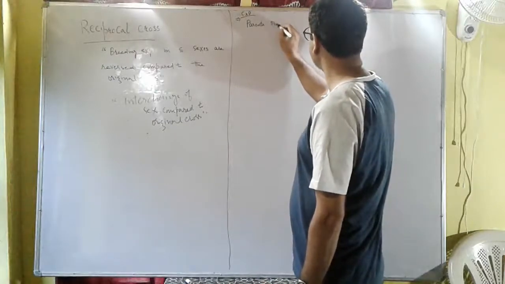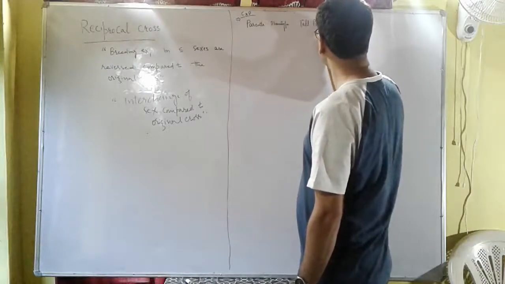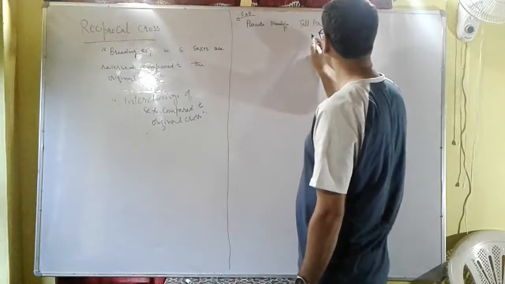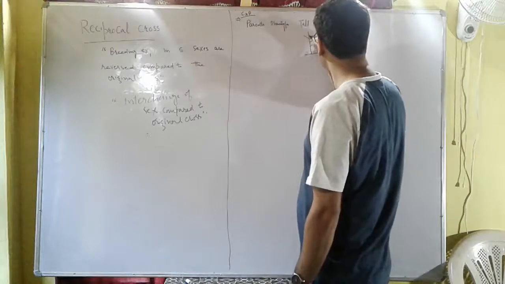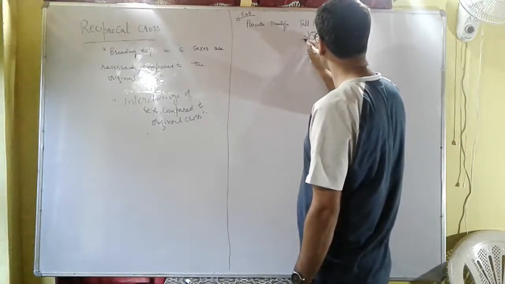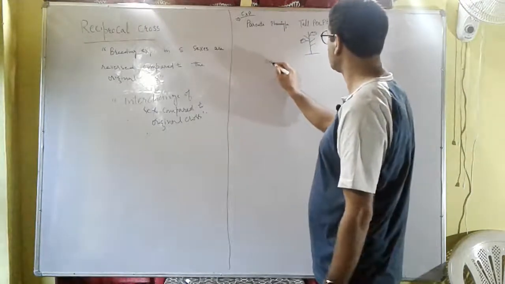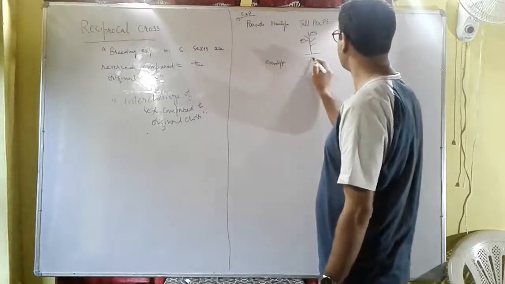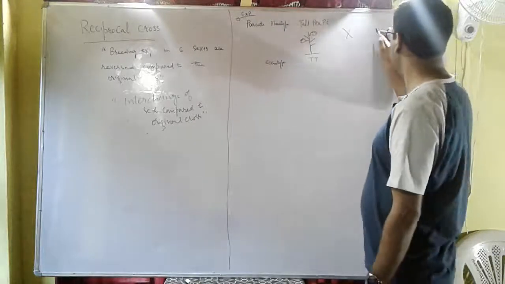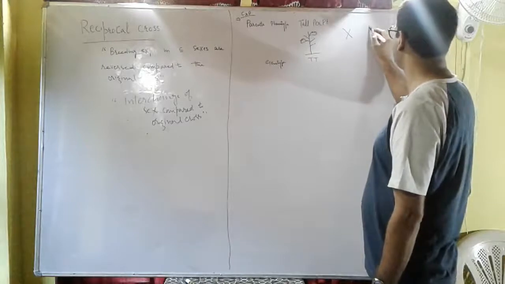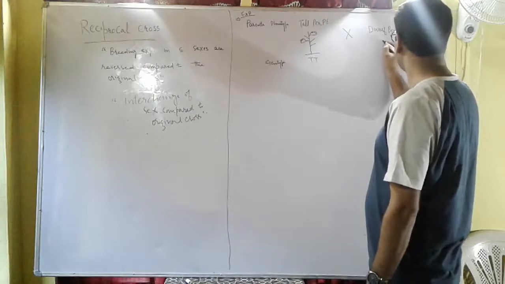For example, the phenotype of the parents: this is a tall pea plant, genotype capital T, and it is being crossed with a female, a dwarf pea plant.